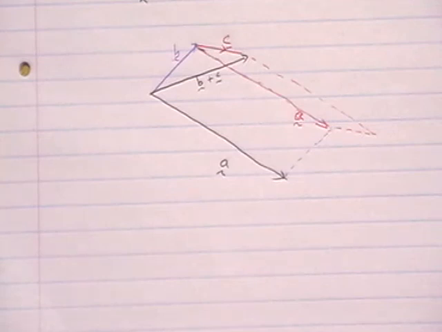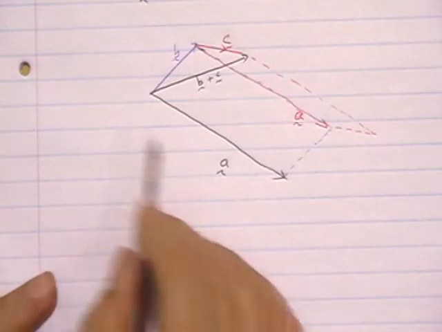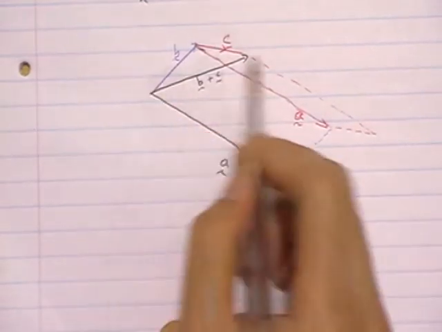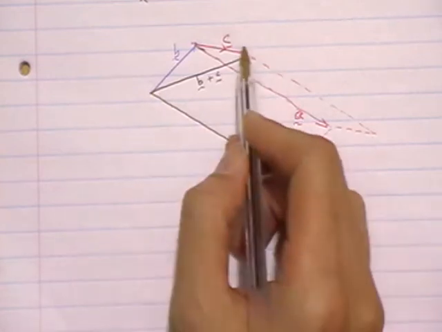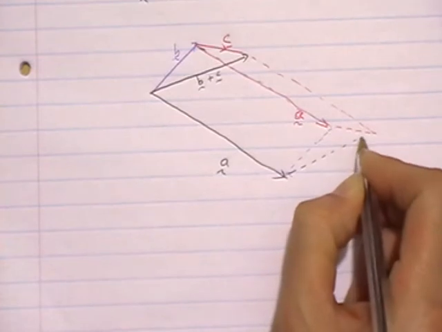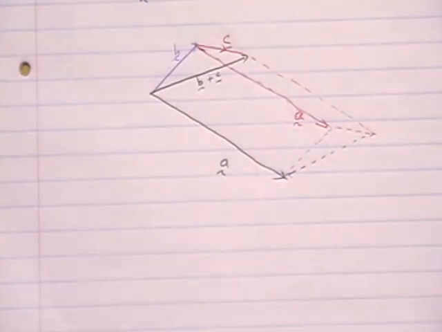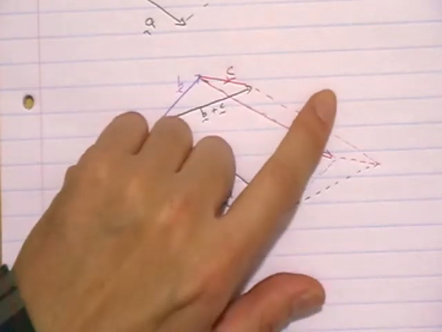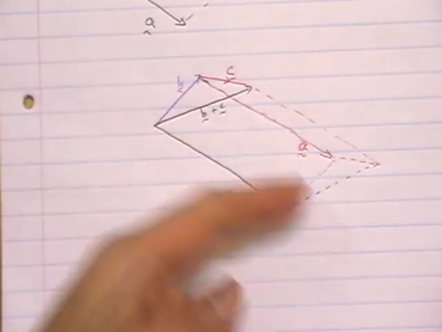And the parallelogram between A and B plus C would be this one. So this is the remaining side. So I have what looks like a prism. Okay, so this is a 3D picture that has the shape of a prism with 3 sides and the 2 ends.